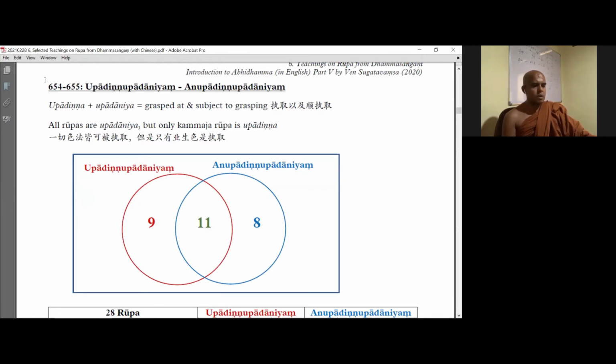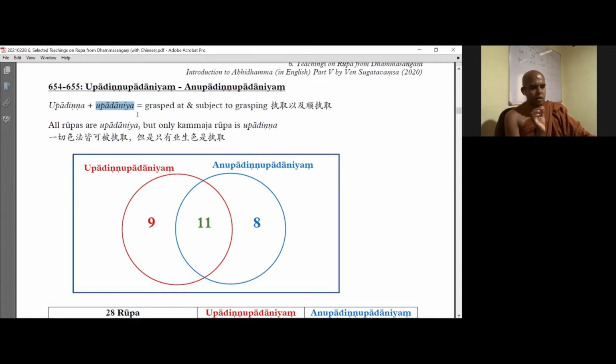Upadinnupadaniyam, anupadinnupadaniyam. There are two words combined together: Upadinna plus upadaniya.